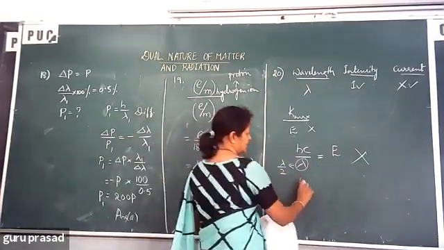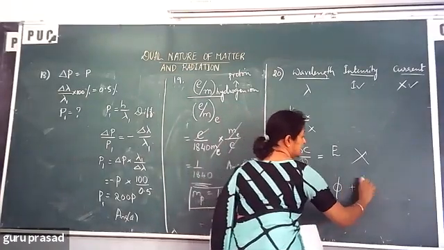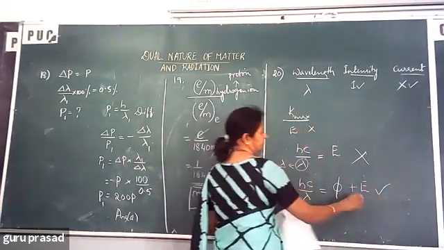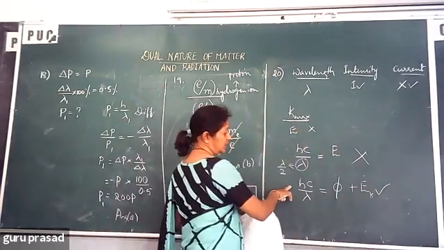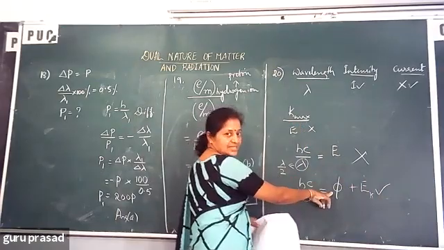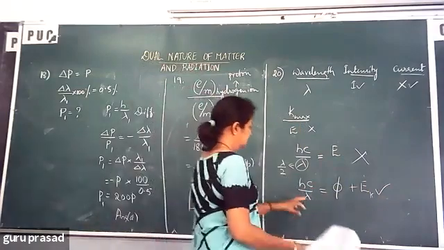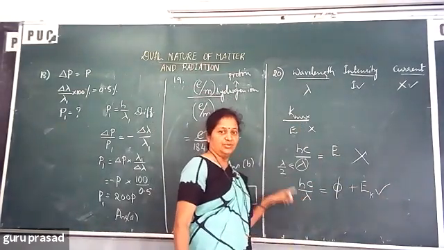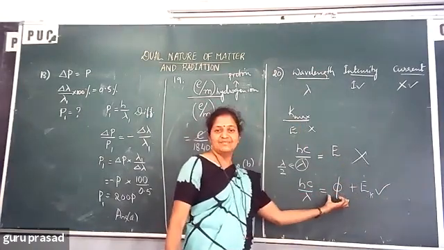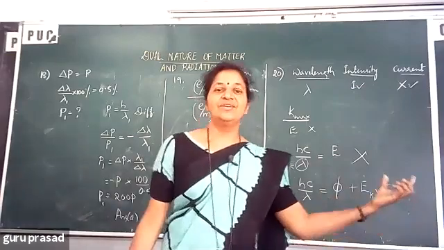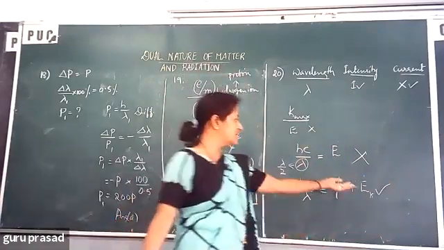What is Einstein's photoelectric equation? It is hc by lambda equals phi plus E, where E is the maximum kinetic energy. This is the correct equation. When you make lambda half, the first term doubles, plus the work function, which is constant for a given metal, will always be added to this doubled value.